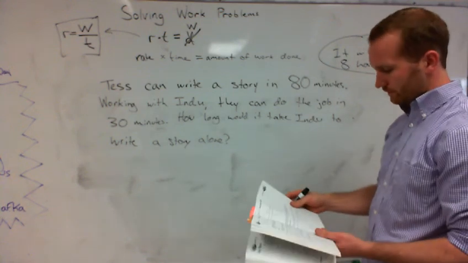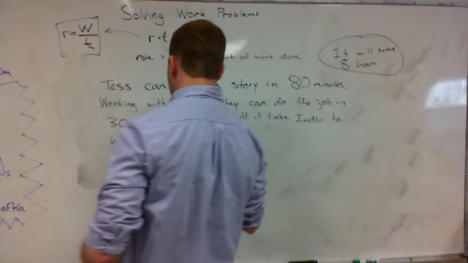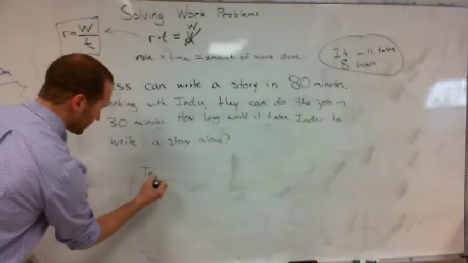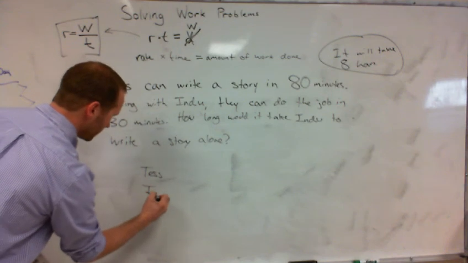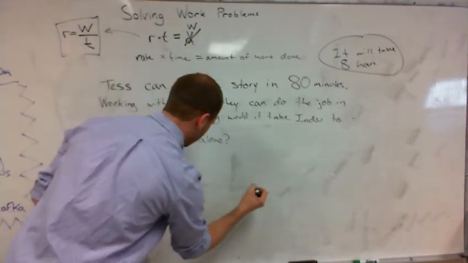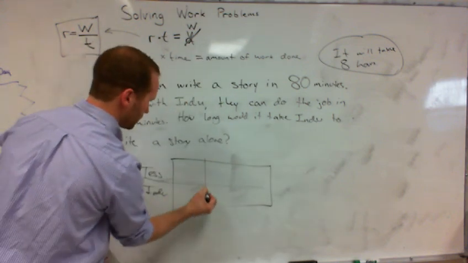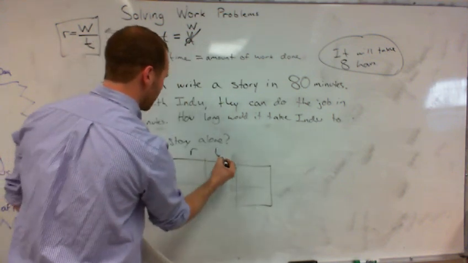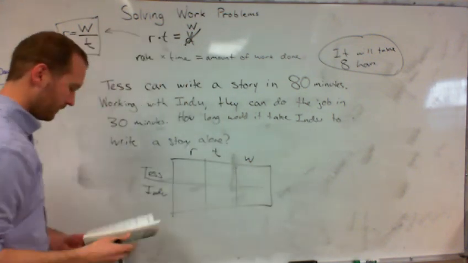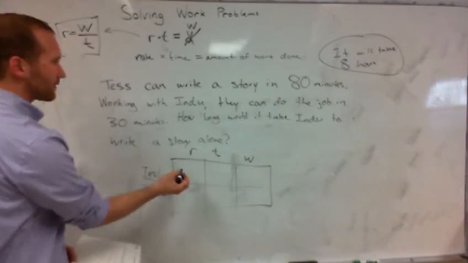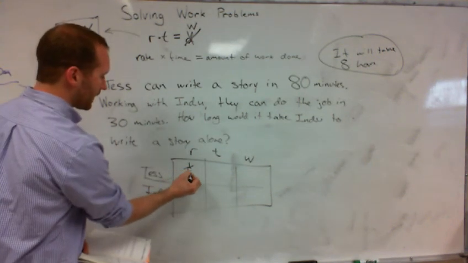So the test would be 1 over. So, we have Tess, we have Indu, rate, time, work. Okay, we know Tess's rate. One story in 80 minutes.